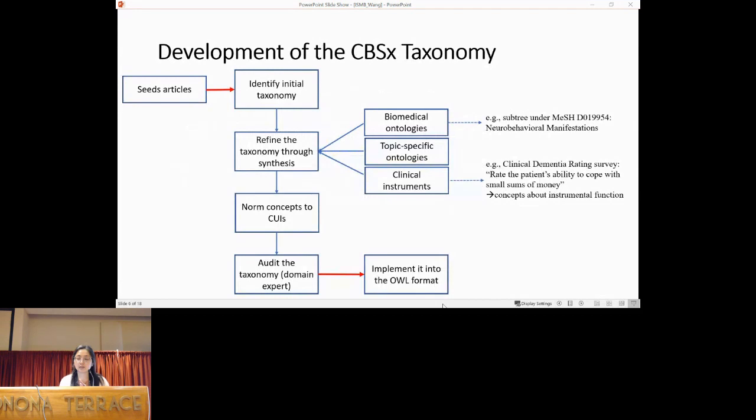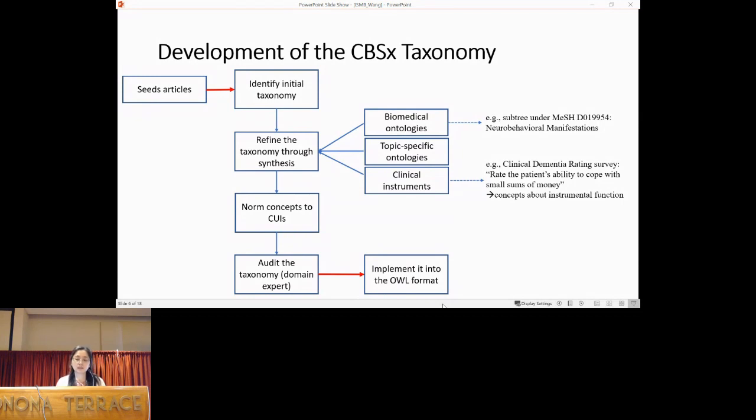So this figure shows our overall development process of the taxonomy. We started by searching PubMed and Google Scholar to collect a set of articles which have the brain disease or related disease with associated cognitive and behavioral symptoms. So we started from this base taxonomy.